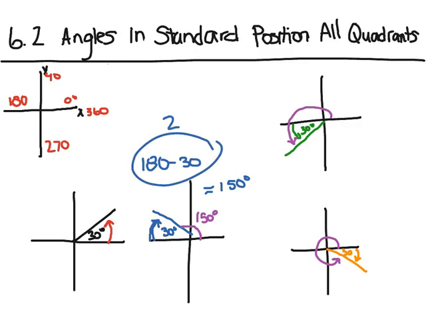For quadrant 3, we're already going 180. So we're going to go 180 plus your angle, which is 30. So our answer is 210 degrees.